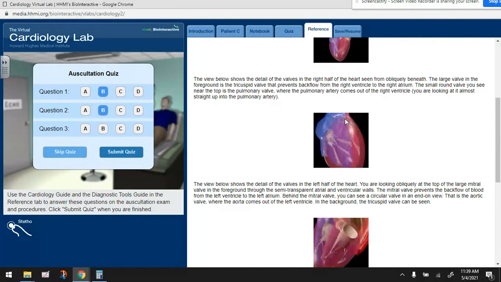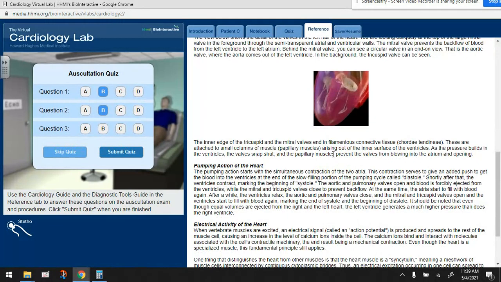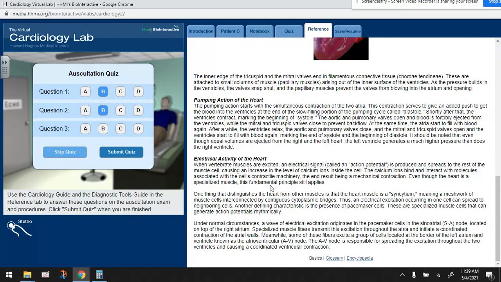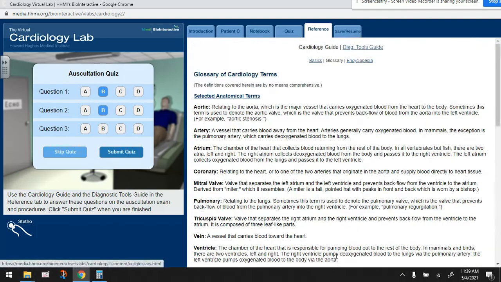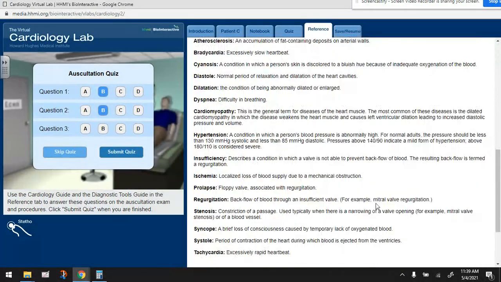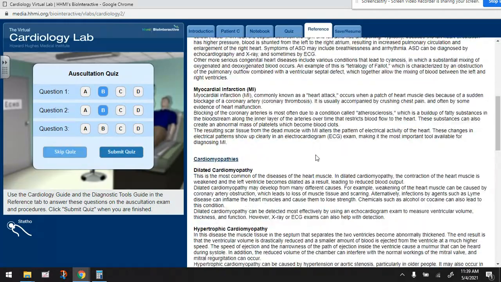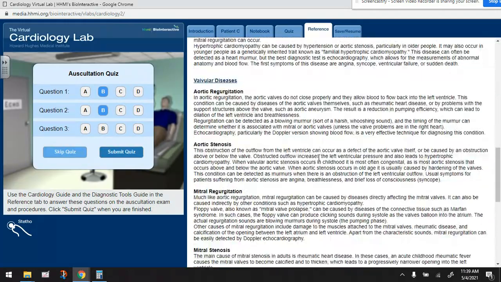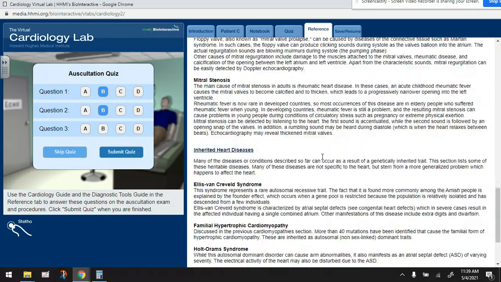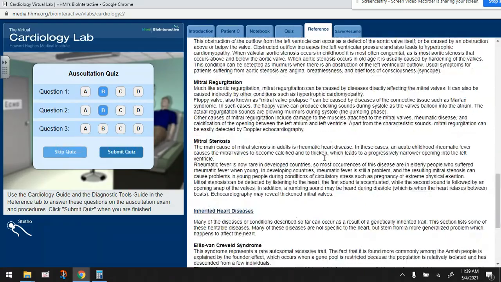By the way, this is a really good thing to look at before you get rolling with things, because it does show you how these valves close. Look at how that video really helps you understand how those valves close. But if we look through all the goodies here, the glossary, there's the encyclopedia at the bottom. You would want to look to see if they have anything that would help us to know what that is.